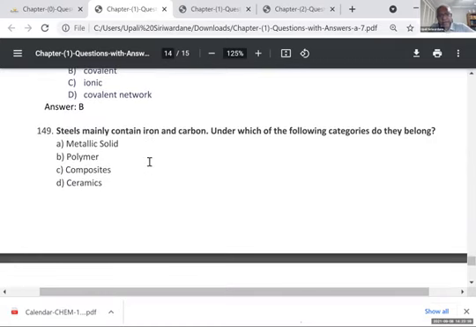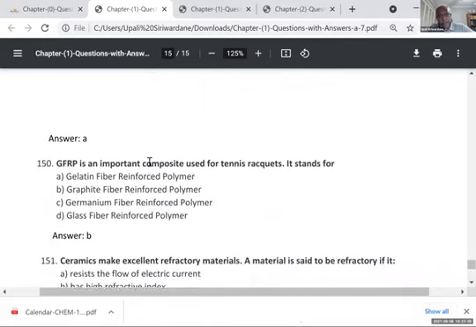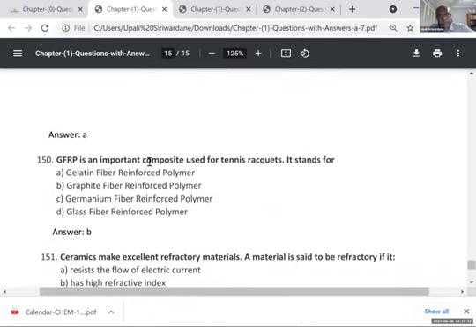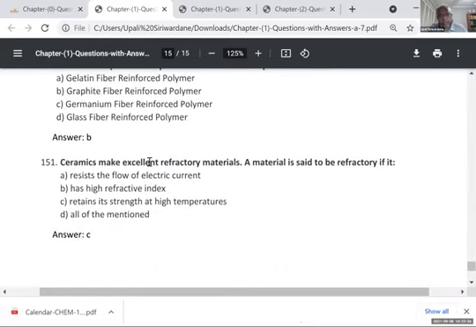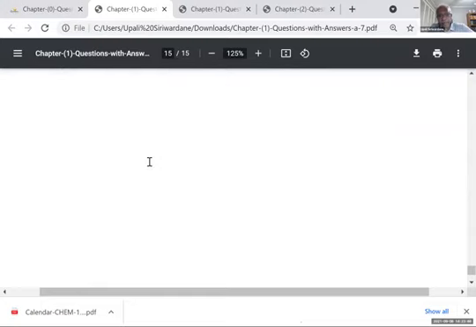Steel mainly contains carbon and iron, and is a metallic solid. Refractory materials are the ones that withstand high temperature. So the answer is C. Refractory means withstanding high temperature.